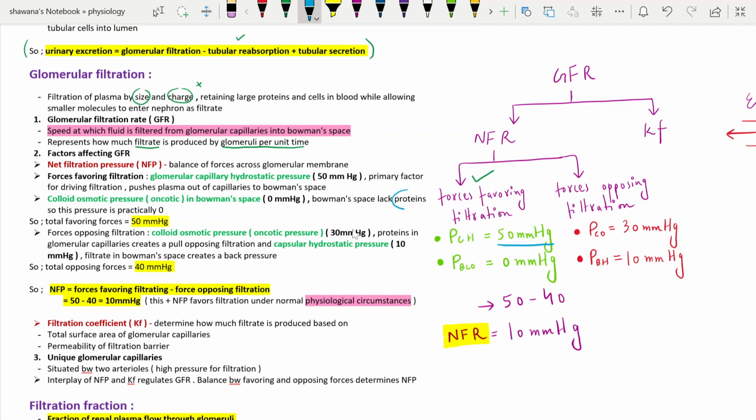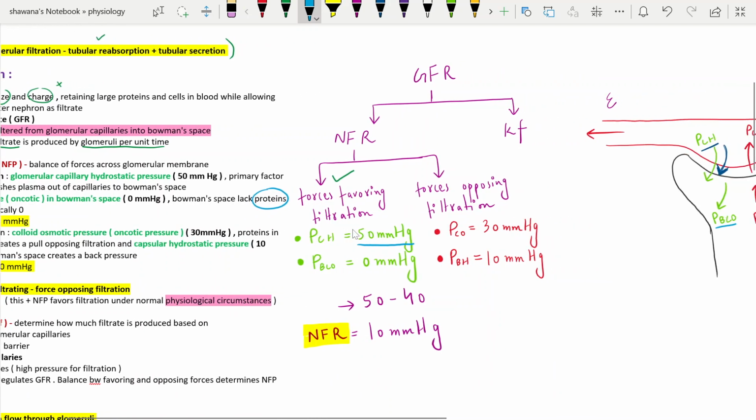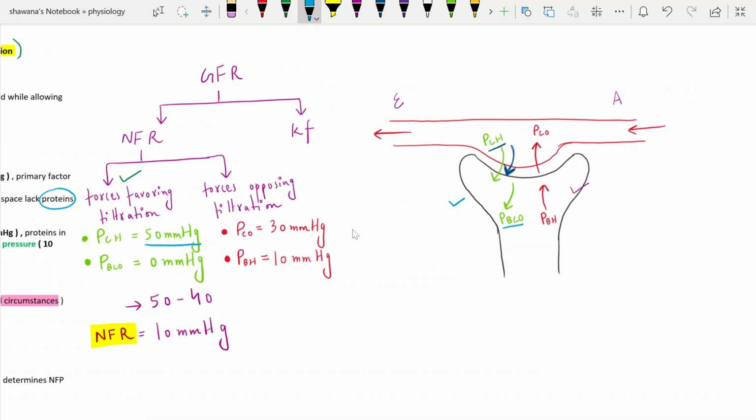It is a very important point to understand that colloid osmotic pressure, or the other name for it, the oncotic pressure, is exerted due to the plasma proteins or any protein present in a particular space. For practical purposes, the Bowman's capsule or space does not have any proteins.